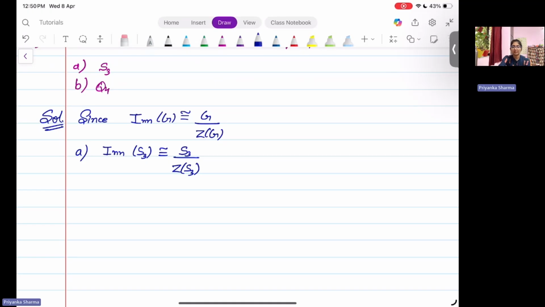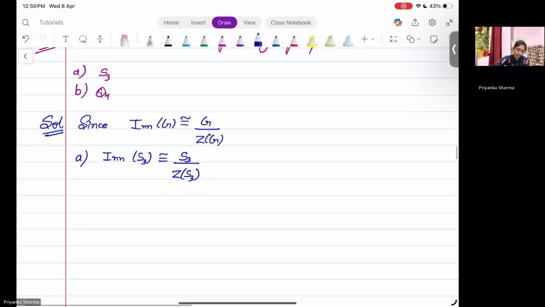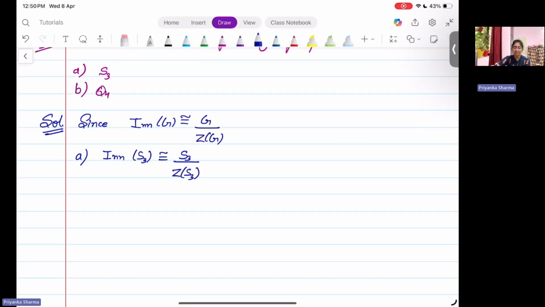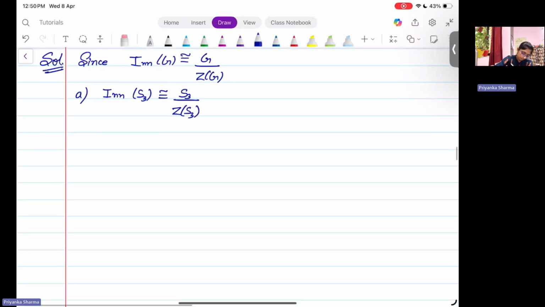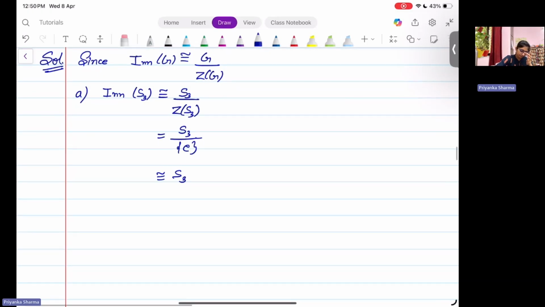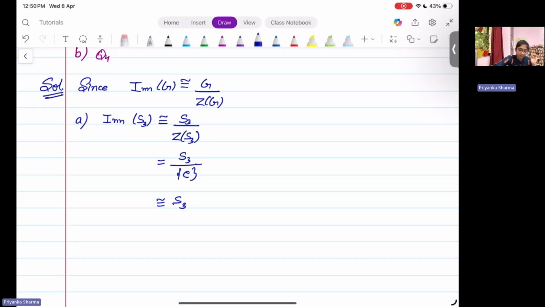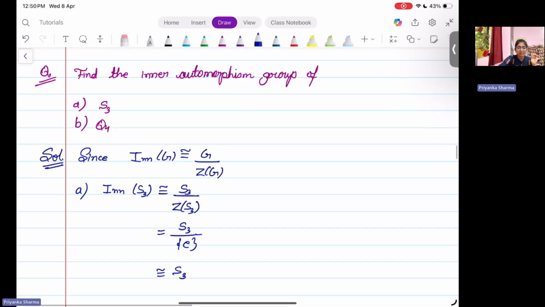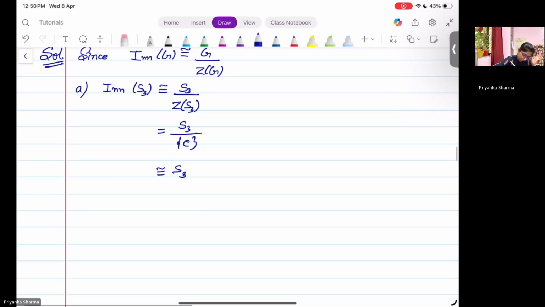It is the identity group, because only the identity permutation commutes with all the permutations. So this will be S3 by the identity, which is isomorphic to S3 again. So the inner automorphism group of S3 is S3.